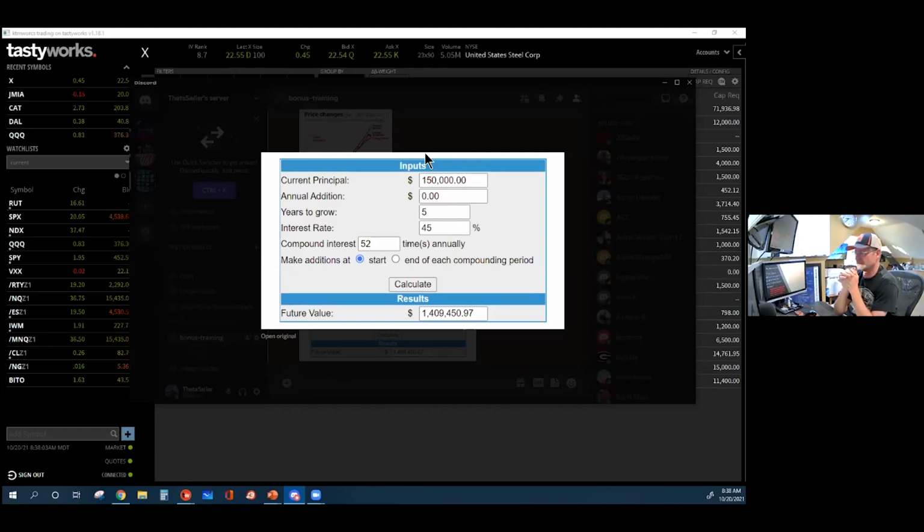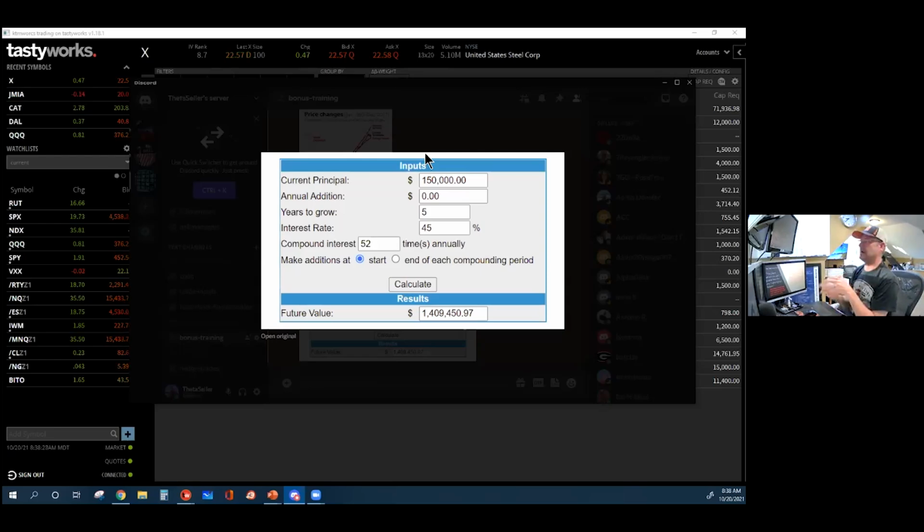So, quite a bit less. And then saying, and this is the average right here, that of the 52 weeks that you're going to trade, only 45 of them work. So we're only compounding that 1% over 45 weeks rather than 52 weeks. That turns 150,000 into just about 1.4 million bucks in 5 years.